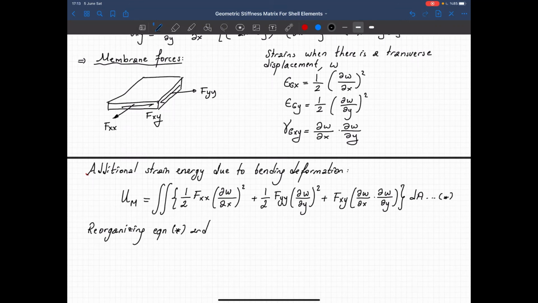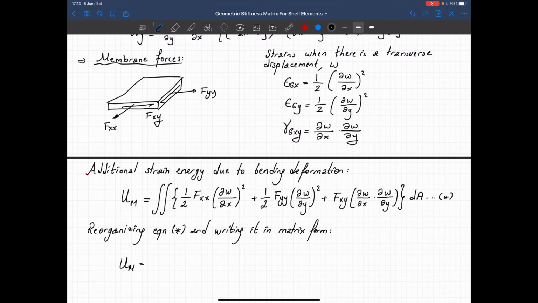So if I reorganize that equation and write it in matrix form, I have the following.